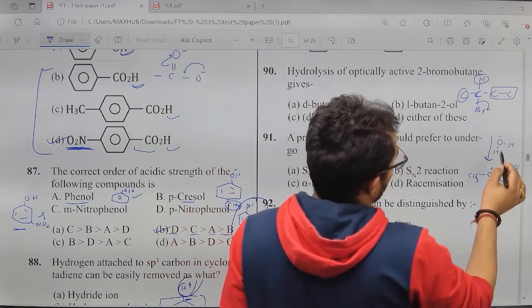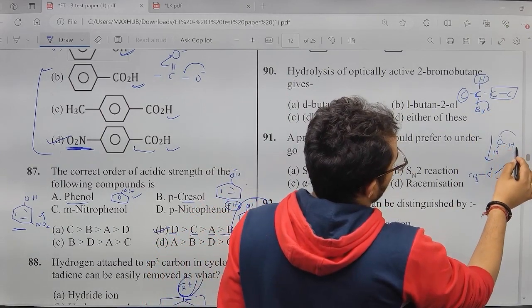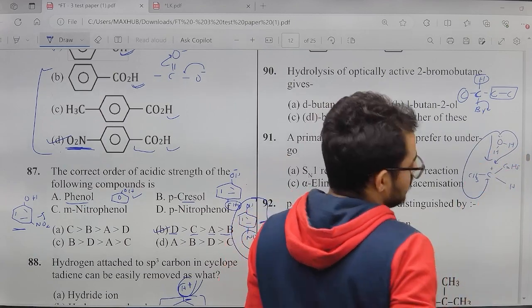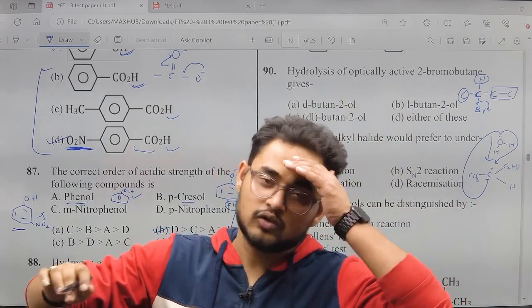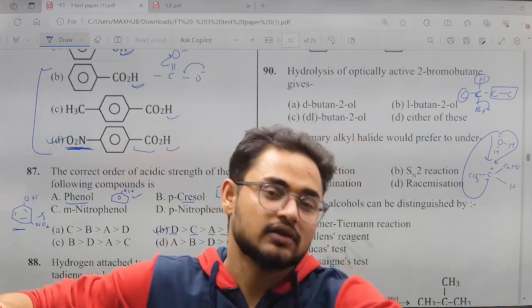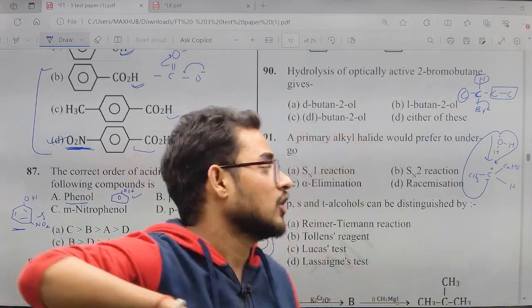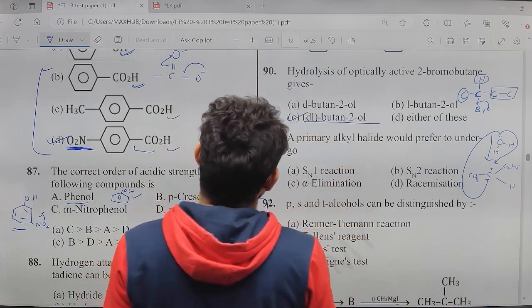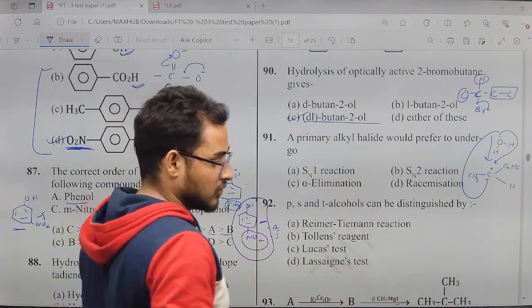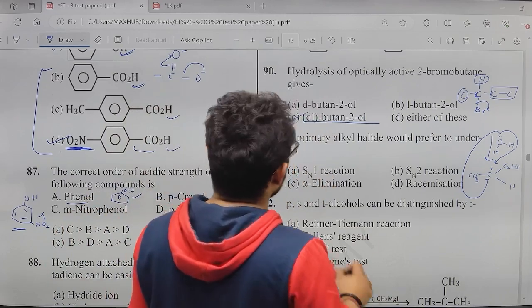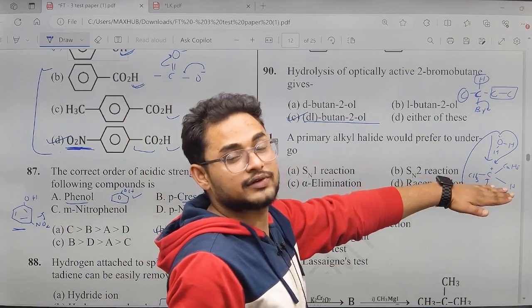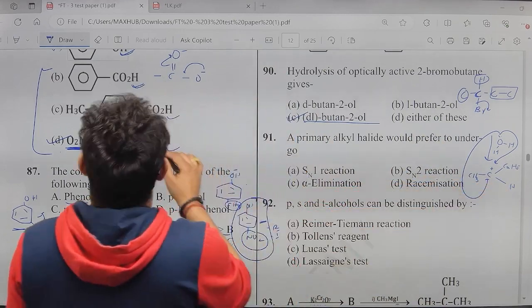Now what is going to happen? This H2O as a nucleophile can attack from the top or from the bottom. So if in one position you get a dextro, in the other position you get a levo. So there will be a DL butan-2-ol, a mixture of D and L, not only D or L, because there is equal probability of attacking. Now it is a trigonal intermediate, right?